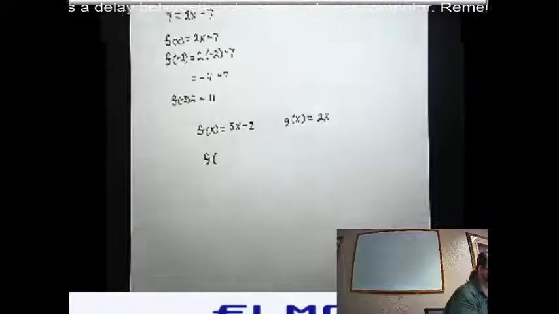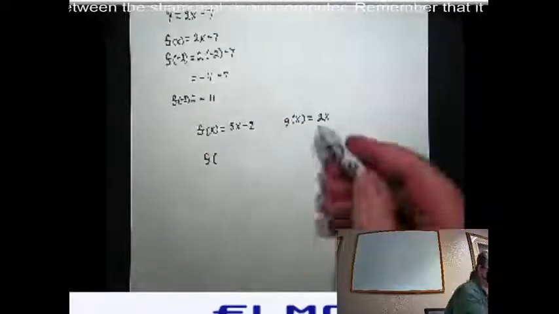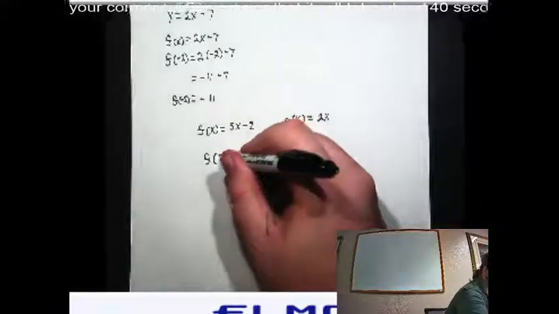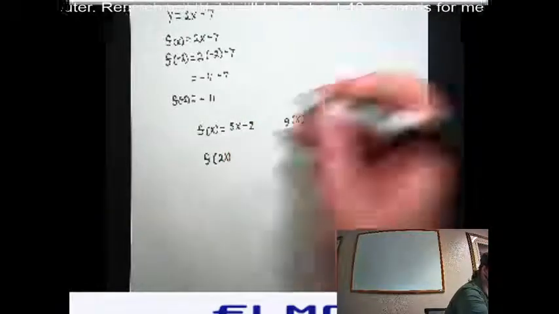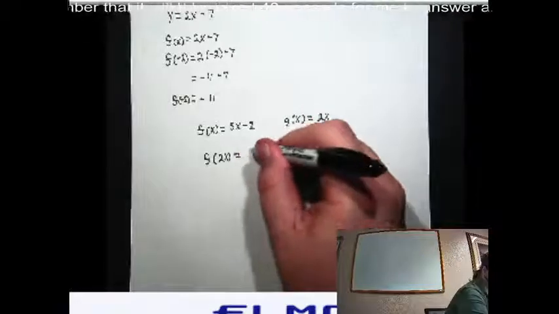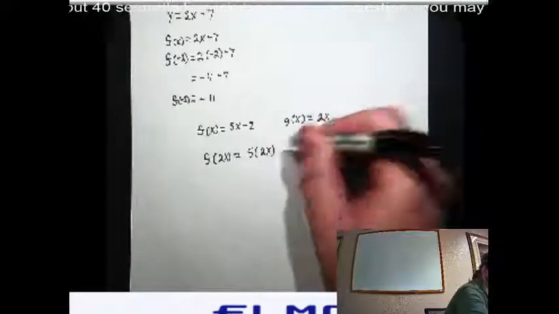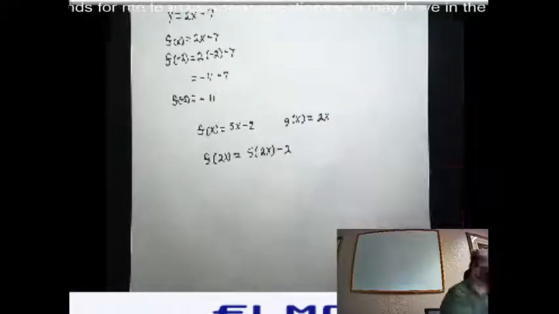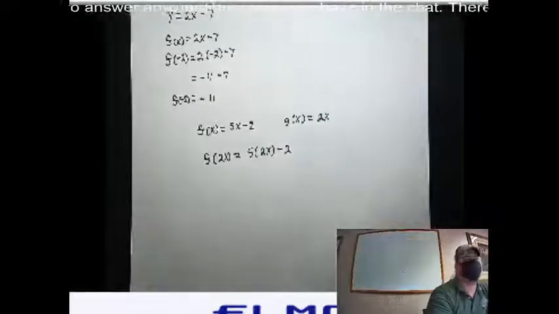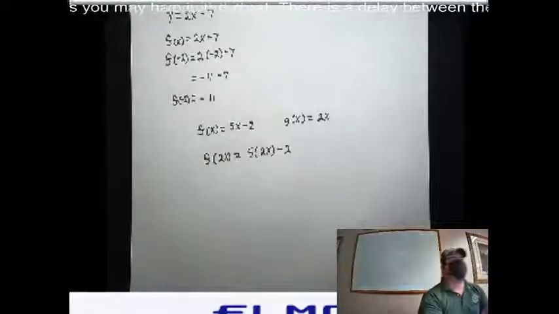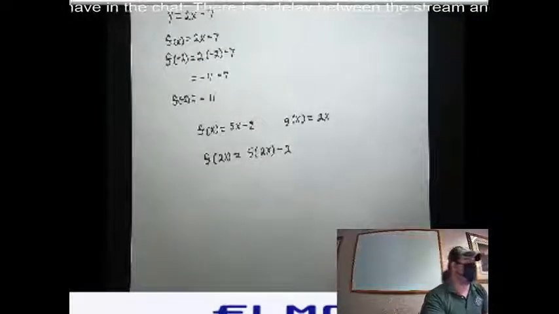So f of x is going to be g of x, which is 2x. Does that make sense? So now we have one full machine.